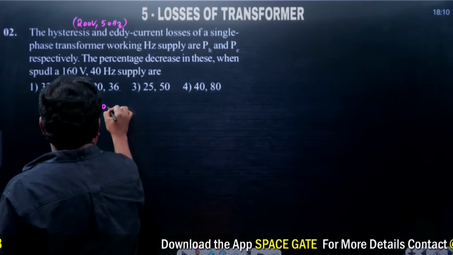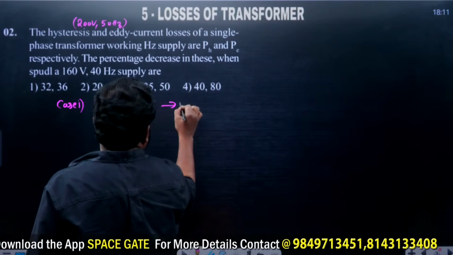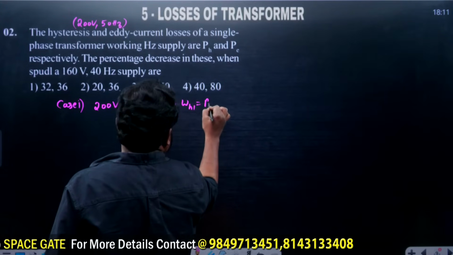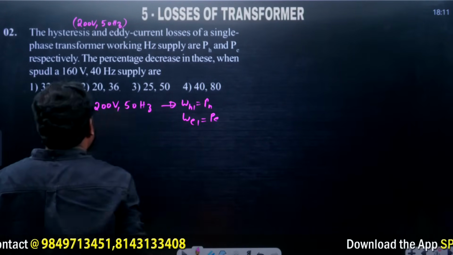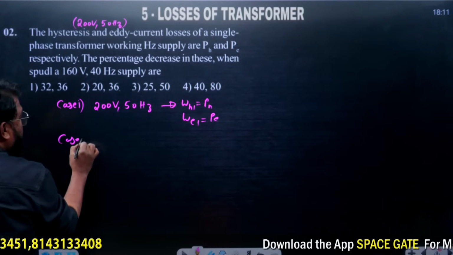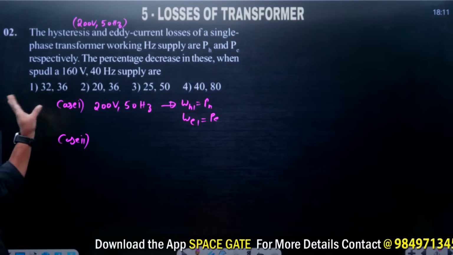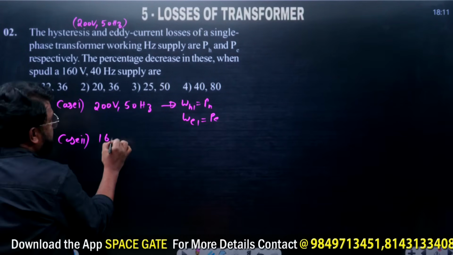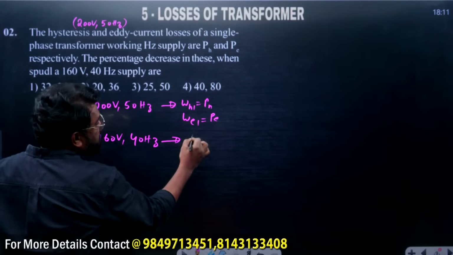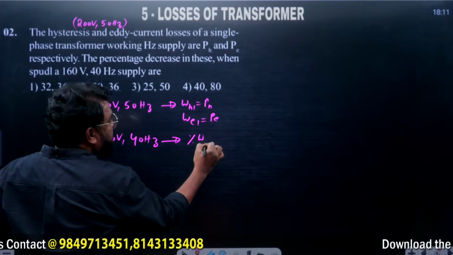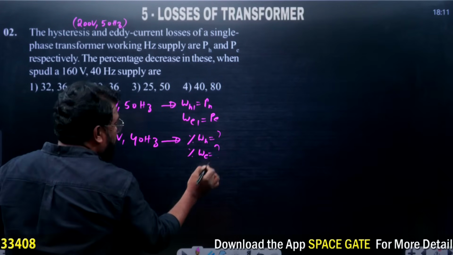So the hysteresis loss WH1 is equal to PH and eddy current loss WE1 is equal to PE. And in case number 2, the same transformer is operated with reduced voltage and frequency, 160 volts, 40 hertz. Then find the percentage decrement in the hysteresis losses and the percentage decrement in the eddy current losses.